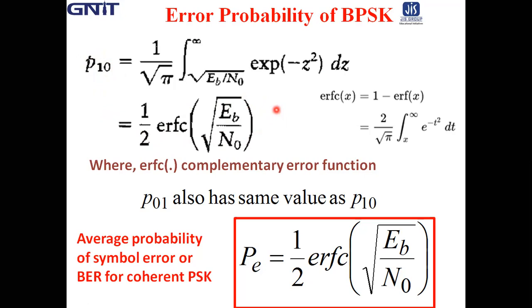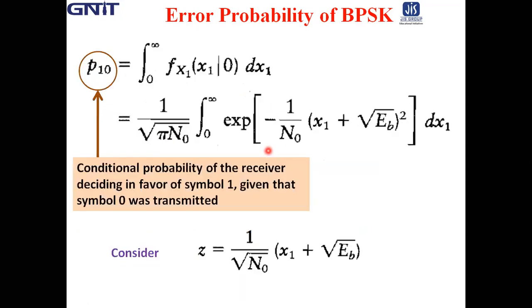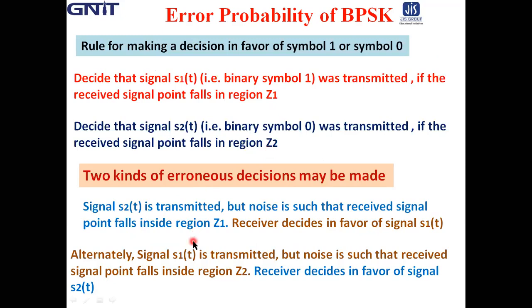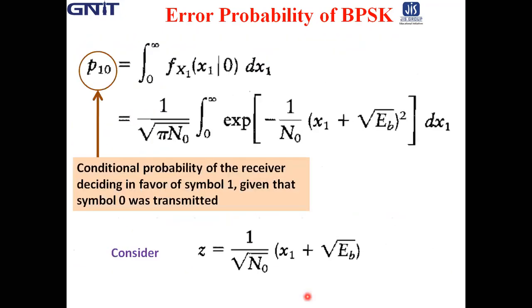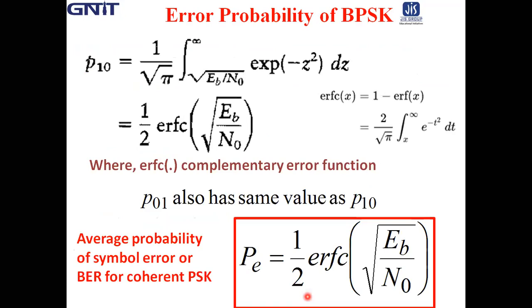Now consider next an error of the second kind. That is the second case. In the first case, it is found already. Now for the second case, signal S1(t) is transmitted, but the noise is such that the received signal point falls inside region Z2. To calculate this error probability, we note that the signal space is symmetric with respect to the origin.